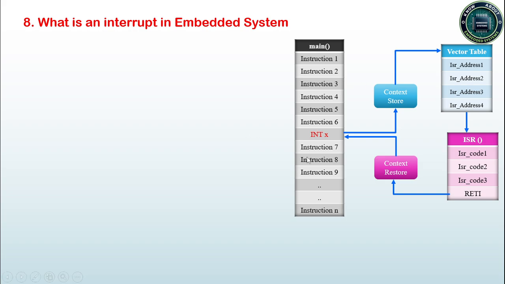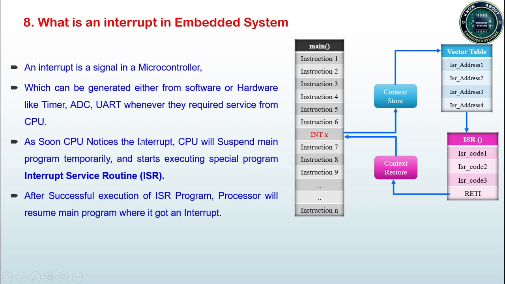So whenever an interrupt occurs, this is the flow that I'll be explaining now. So now we will try to understand the definition here. What do you mean by interrupt? Interrupt is a signal in a microcontroller which can be generated either from software or hardware. For example, a timer. Interrupts can be generated from a timer, from ADC or UART whenever they require a service from the CPU.